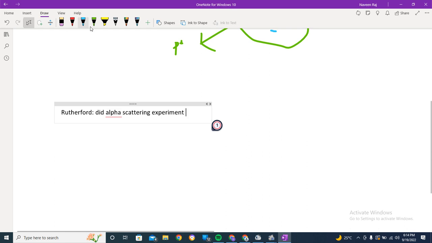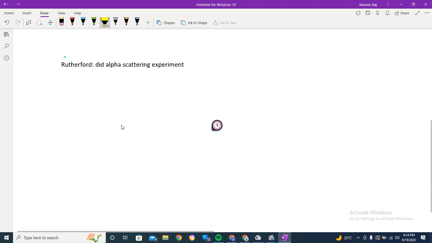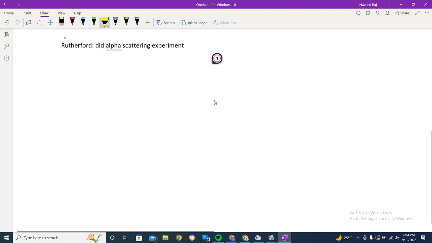What he did was, this is a very thin gold foil. And what we did was alpha scattering.